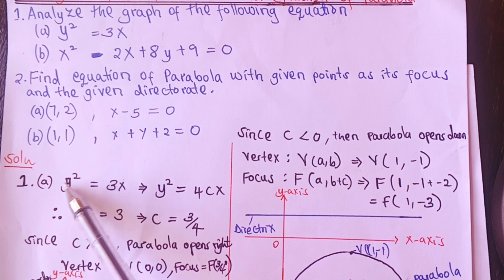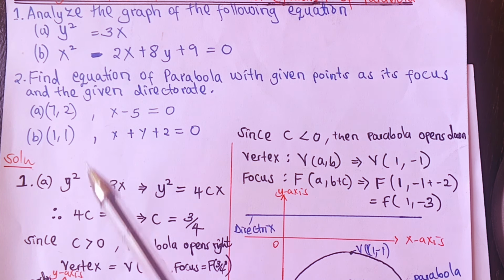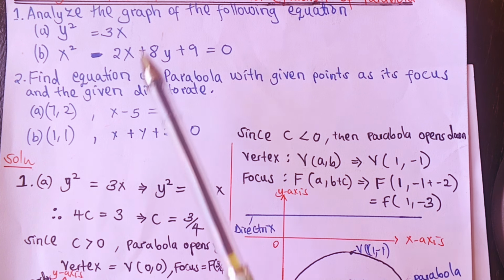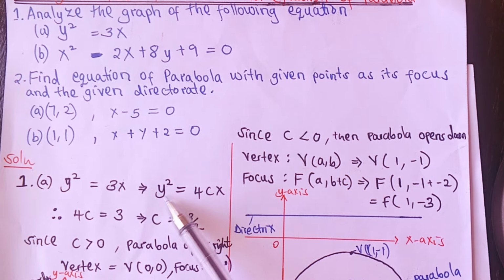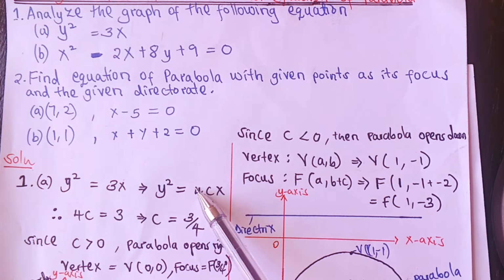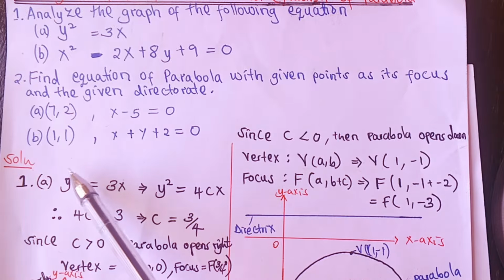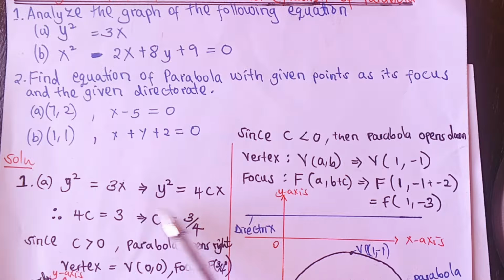So let's start by solving number 1, A, which is given by y squared is equal to 3x. This is in the form of a parabola y squared is equal to 4cx, where the vertex is at the origin. If you compare this equation with the original equation, 4c will be the same as 3.